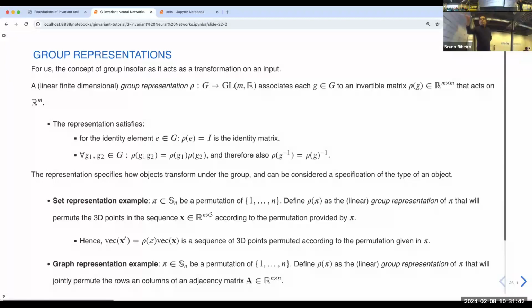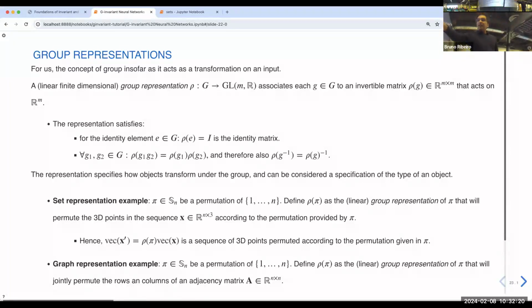So this representation satisfies the following. If you give the identity element in the group, the representation of the identity element is the identity matrix, okay? And if I give you 2 elements in the group, G1 and G2, the representation of the composition of G1 and G2 is the composition of the representations. So if I'm trying to find the transformation of my tensor that will permute the tensor, I say, these are the permutations I want, I apply first this one and then this one.